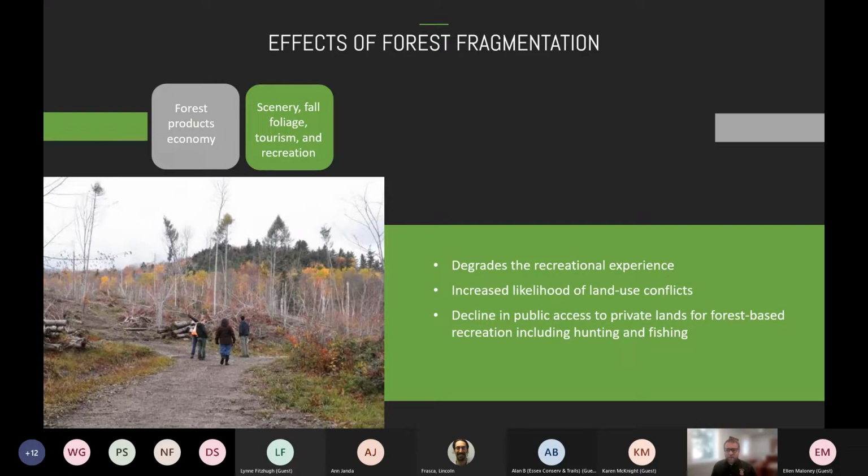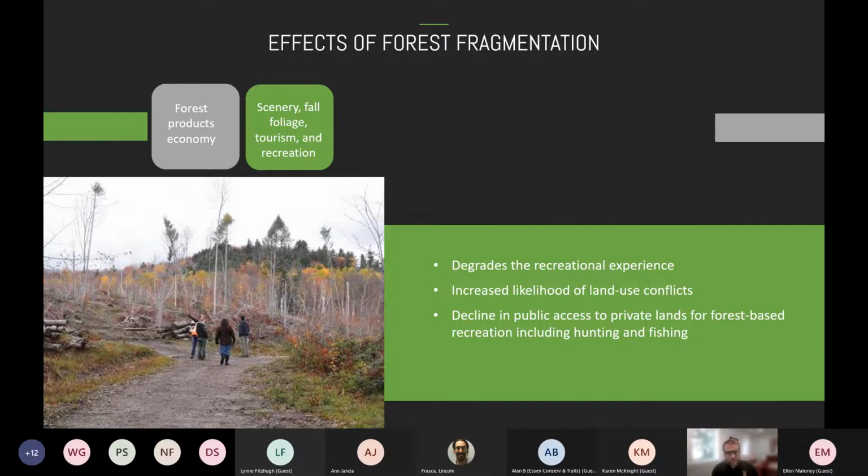This trend towards smaller and smaller blocks of forest also has impacts for recreation and tourism, whether we're talking about summer visitors or fall foliage. Operating in a smaller block of forest, frankly, degrades the recreational experience, and it increases the potential for land use conflicts.